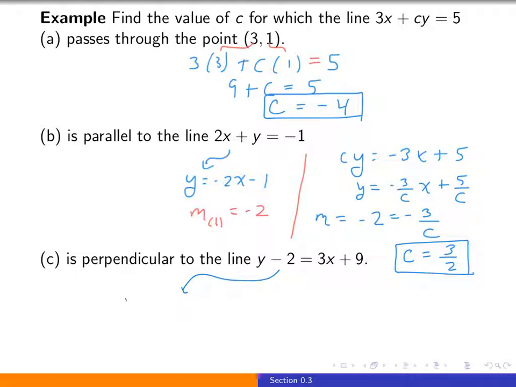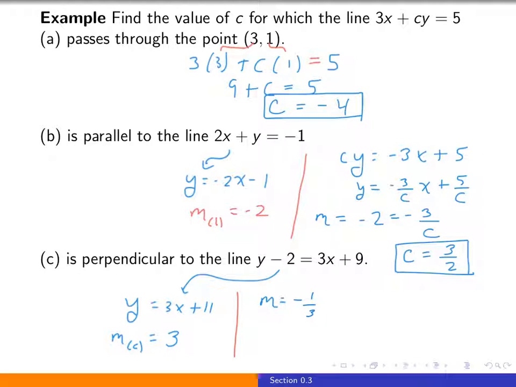This, if we add 2 to both sides, y is 3x plus 11. So the slope, and I'll say m sub c, of this line in part C, is 3. So what we need to happen then is we need the slope of our line to be the negative reciprocal of 3. So we need it to be minus 1 over 3.